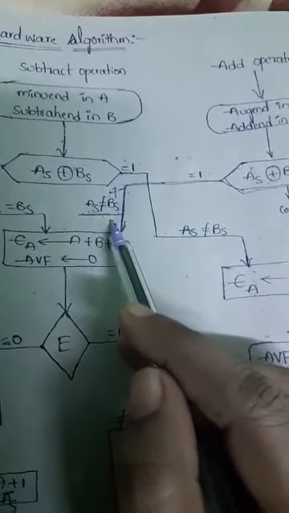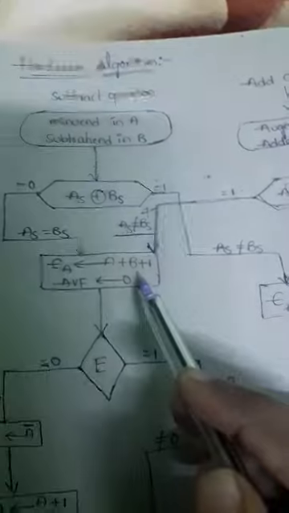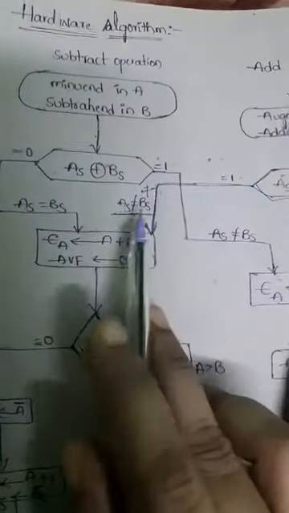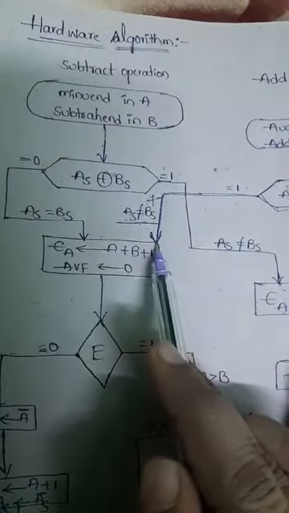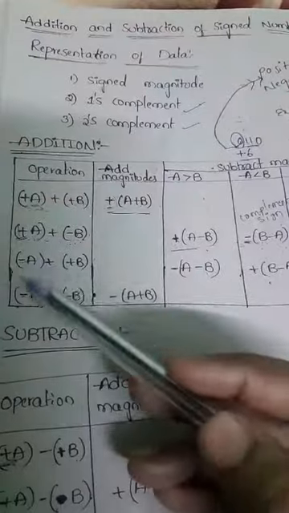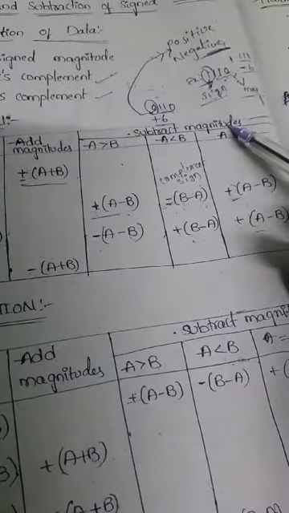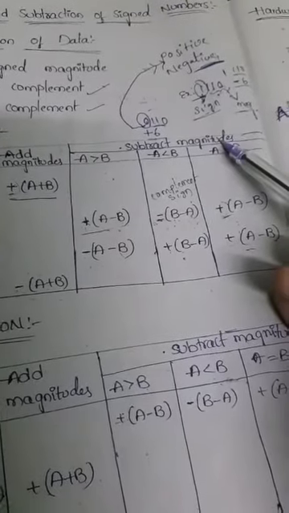So then what do we have to do here? If the signs are different, we can go with the subtraction operation. Just check it here. If both the signs are different, what will we do? Subtract the magnitudes, right? So that subtraction will be performed here also.